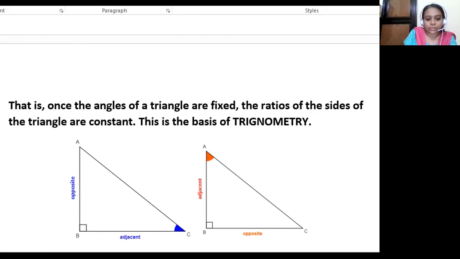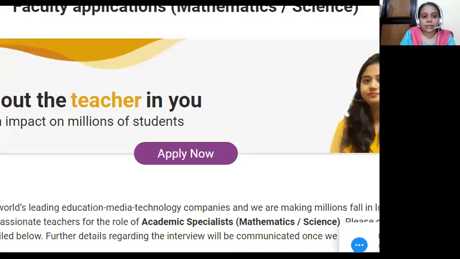When I'm looking from angle A, from that perspective, it changes. BC is my opposite side and AB is my adjacent side. So from the angle perspective, we now know to label the two sides of a right angle triangle other than the hypotenuse.